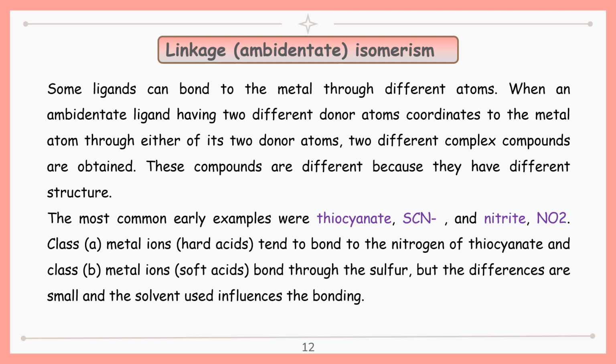The class A metal ions, or the hard acids, tend to bond to the nitrogen of the thiocyanate, whereas the class B metal ions, or the soft acids, bond through the sulfur, giving isothiocyanate. But the differences are small, and the solvent used in the complex influences the bonding.